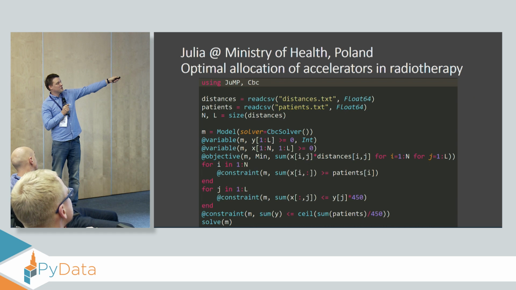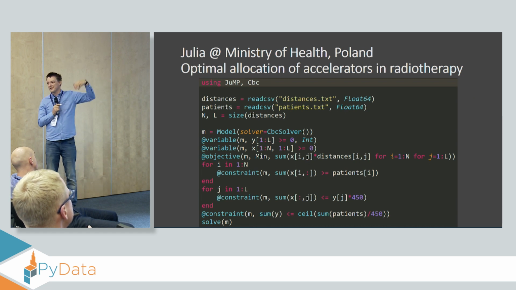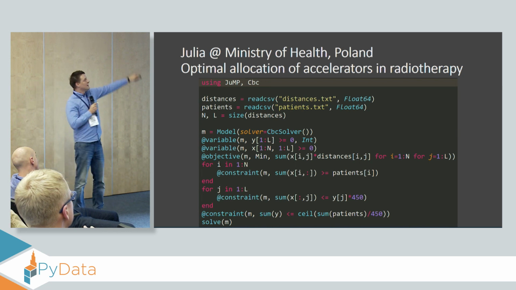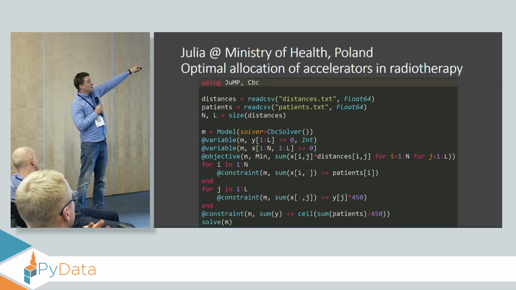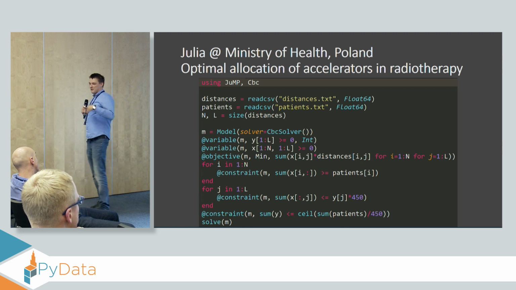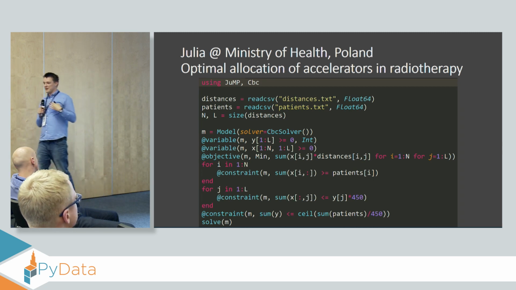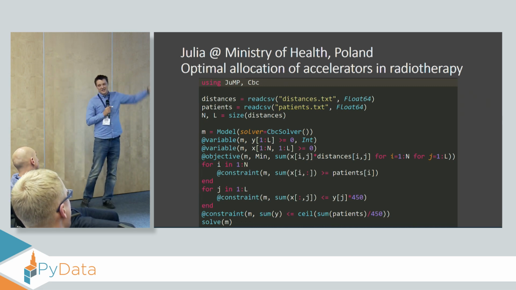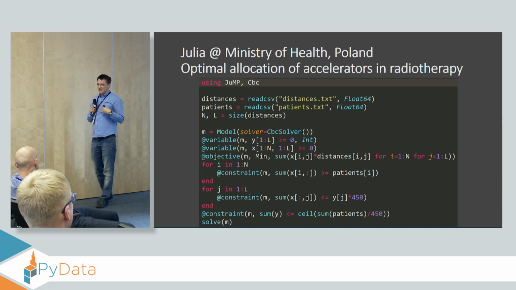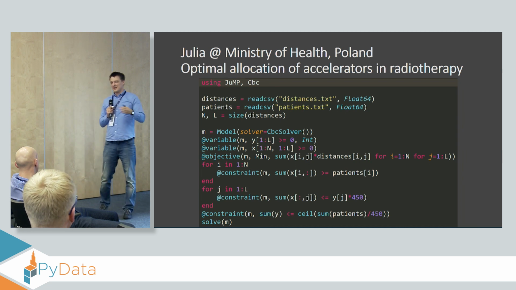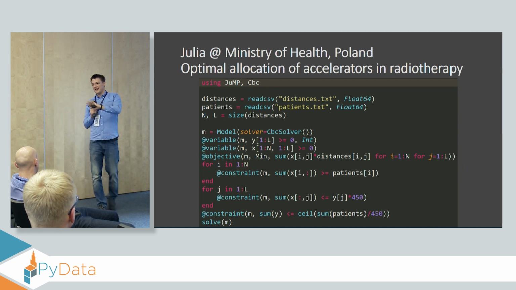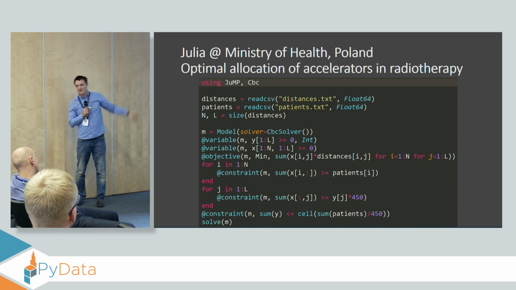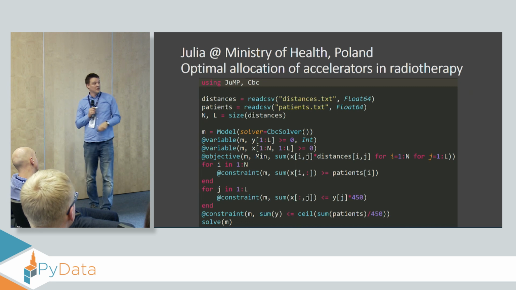For example, variable y is a vector having L elements, and it has to be integer and non-negative. This package rewrites all those expressions into matrices under the hood, so I don't have to do this myself. And I would say that if you are doing optimization, even today, Julia is the language of choice over any other language you might want to use, exactly because of how you can write optimization problems in Julia.